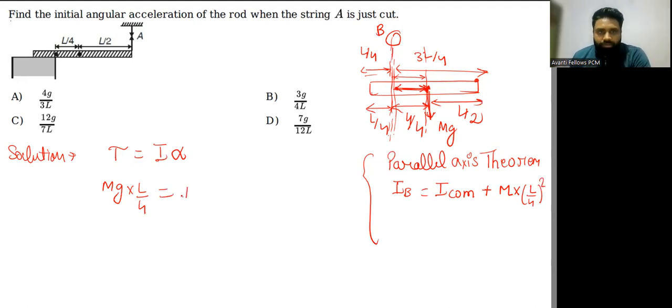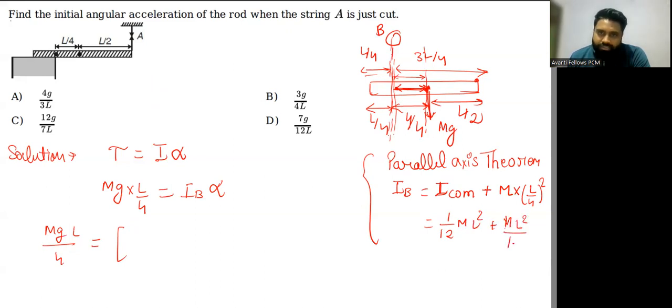This value we have to put here. So mg L by 4 is equal to IB alpha, where I at the center of mass of a rod is given by 1 by 12 of ml square, plus ml square by 16.